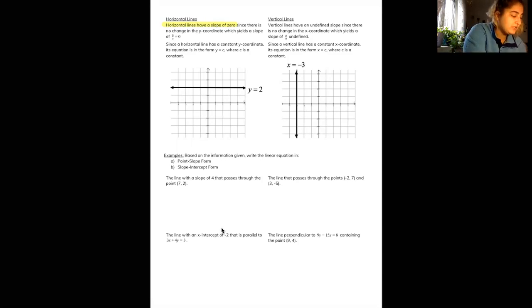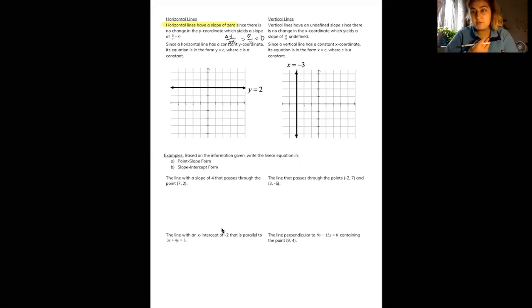So when we figure out slope, we do the change in y over the change in x. But there is no change in y if the y is the same number for everything, right? So the change in y would be 0, and 0 divided by anything is just 0. So the slope of our horizontal line will always be 0, okay?